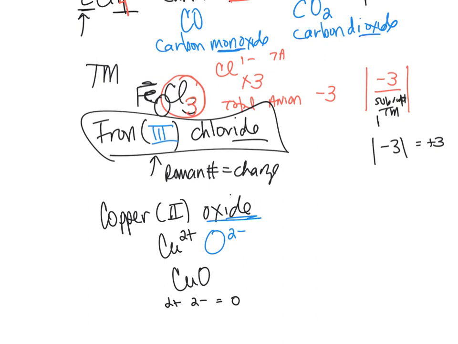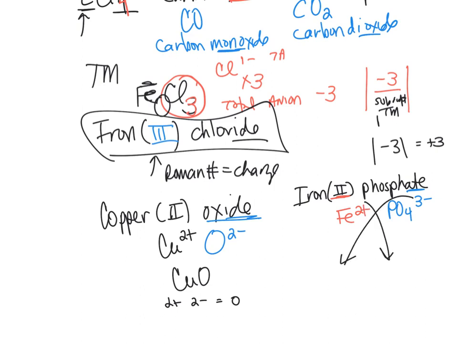What about if you have something like, okay, how about iron 2 phosphate? Because well, here you have to remember phosphate is PO4 3 minus, because that's an ate. And now you know that iron is going to be a 2 plus charge. Okay, so then we're going to do the crisscross for the subscripts.